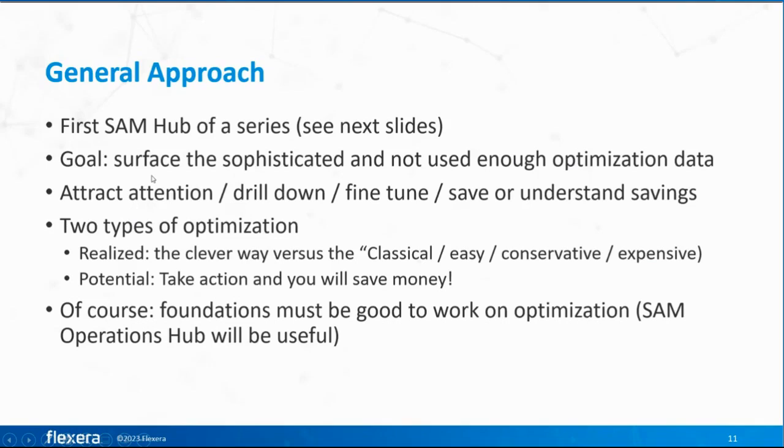Will the saving be exactly the one you will be obtaining? Maybe not. That's why you need to drill down on the report. You need to fine tune, understand what the costs are. Did you set up the right cost on the licenses, which is very useful for the optimization to be computed? Do you agree with what the calculation does?